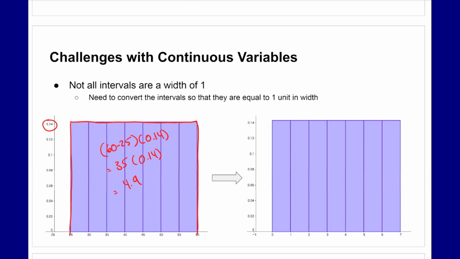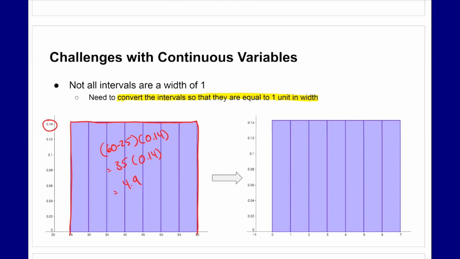So we clearly can't use those ranges, because it doesn't make sense that we have 490% probability for all possible outcomes. The max is 100. So what needs to happen is we need to convert the intervals so that they are equal to 1 unit in width.